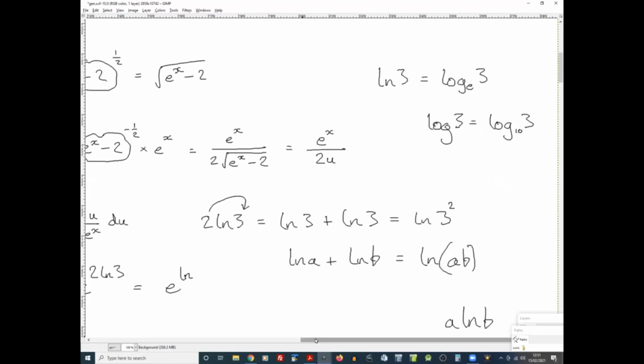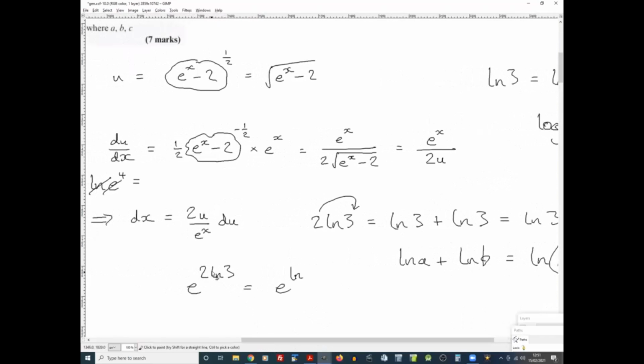Okay. So what you're trying to do in this situation is get it so that that cancels that. But it can't happen until you've got the e and the log parts to actually touch, as it were. So what can we do? How can we rewrite that?